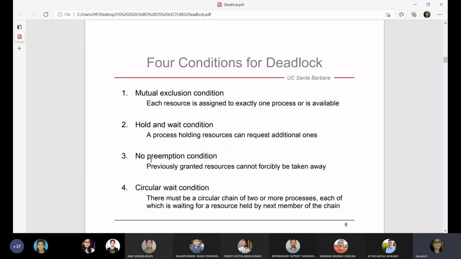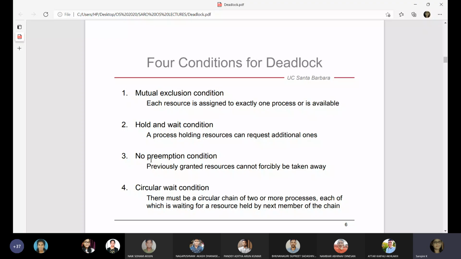Process P3 is waiting for P4 to release a resource. Process P4 is waiting for process P5 to release a resource. Process P5 is waiting for process P1 to release a resource. So there is a circle. That forms the circular chain of waiting.